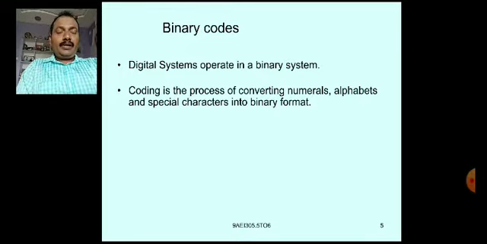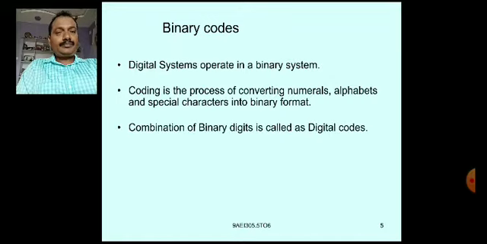In the process of coding, we convert numerals, alphabets, and special characters into binary format so that they can be understood by the digital systems and can be processed by them. A combination of binary digits, that is streams of bits, is called digital codes.